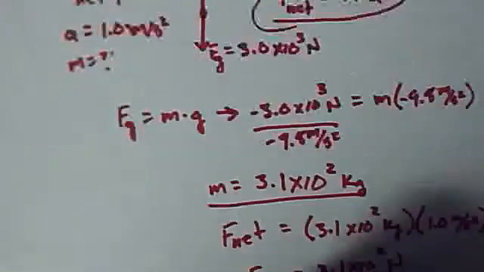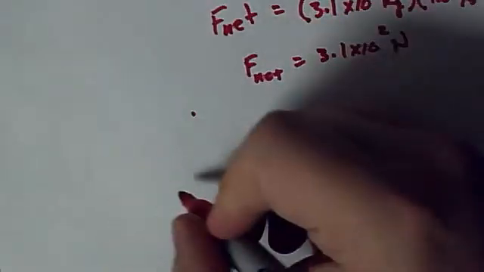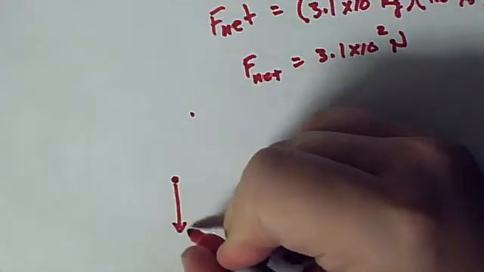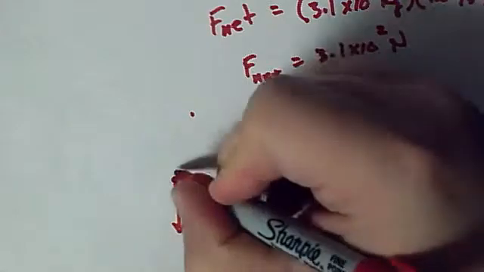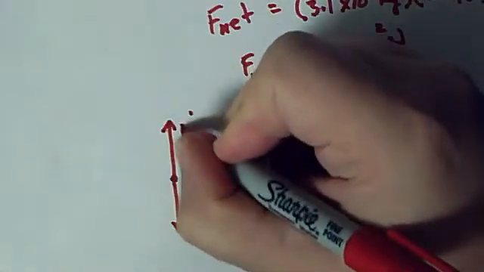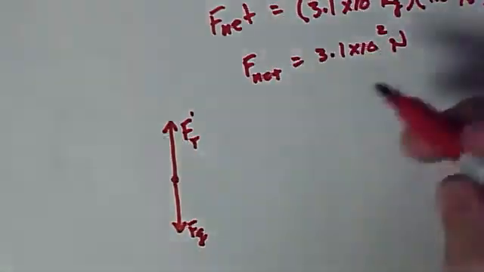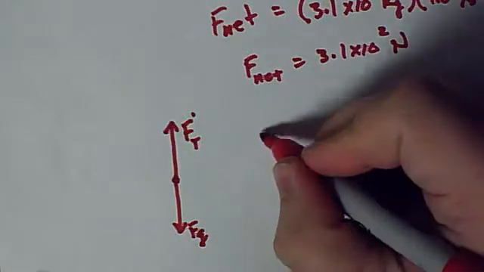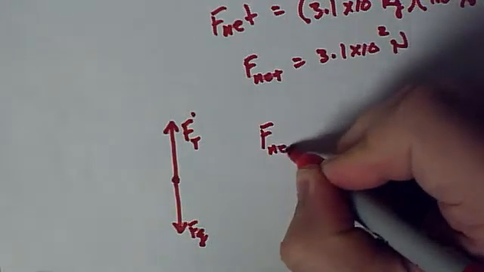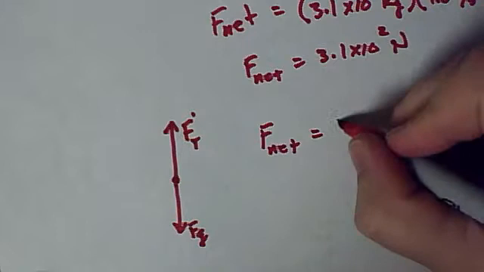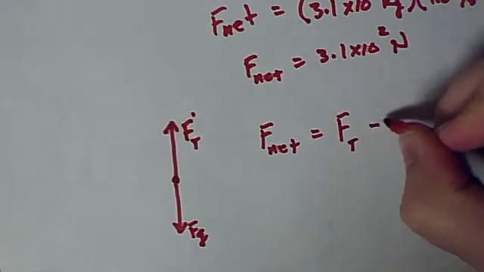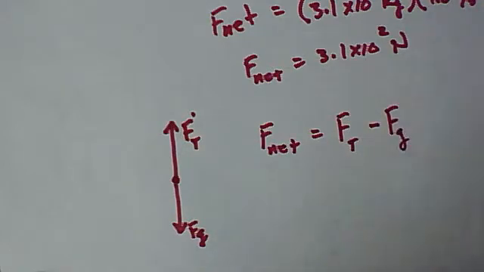So my force of tension, I'm going to redraw my free body diagram here. My force of gravity is down, my force of tension is up, and my net force is the sum of those. That means F net is going to equal the force of tension minus the force of gravity.